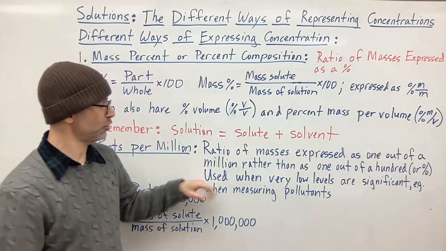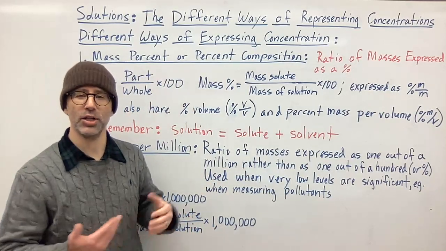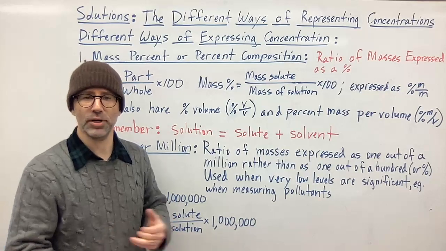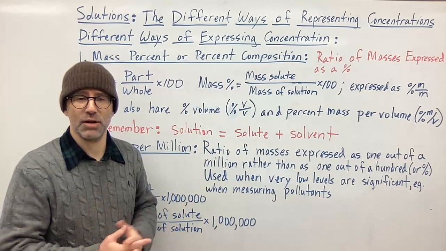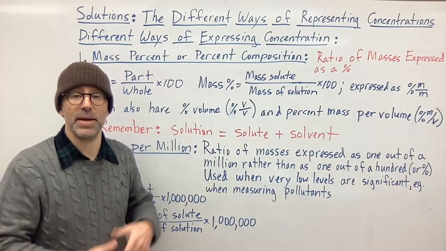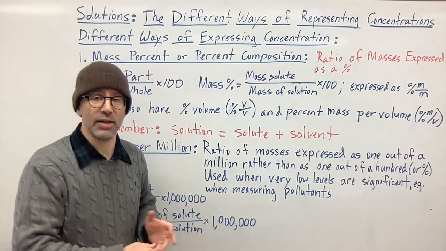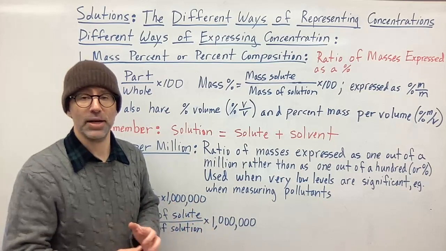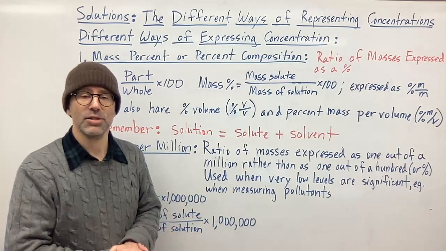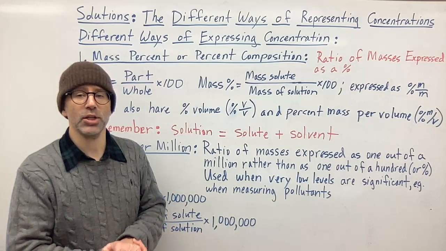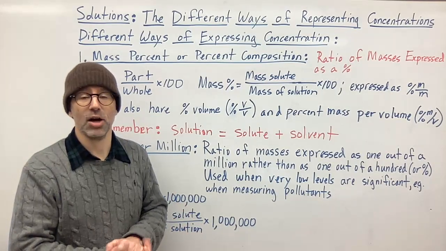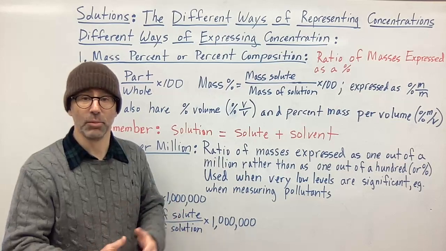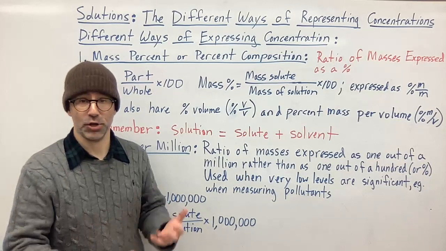So this is usually used when very low concentrations are very important or very significant. This is like when you're trying to measure the amount of a poison in a solution, or a pollutant in a solution. Usually very low concentrations are significant and can cause harm or health problems. So, for example, like mercury, right?